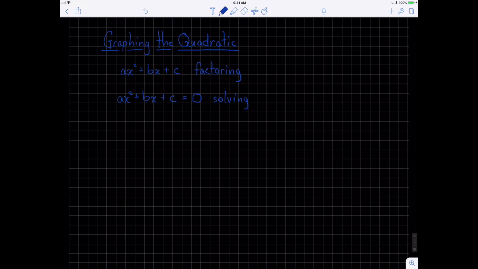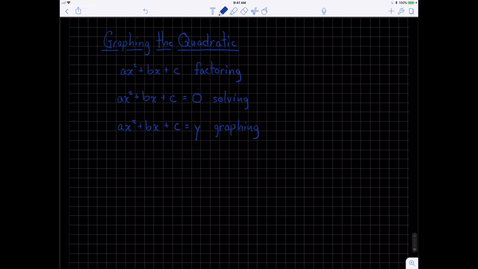And today we're going to look at what happens when we have the form ax squared plus bx plus c equals y. And in this case, we are going to be graphing quadratics. And you might ask, well, why do we replace the numbers with the letter y?